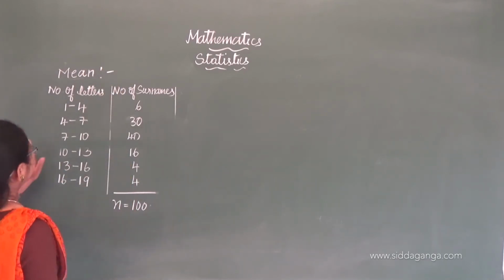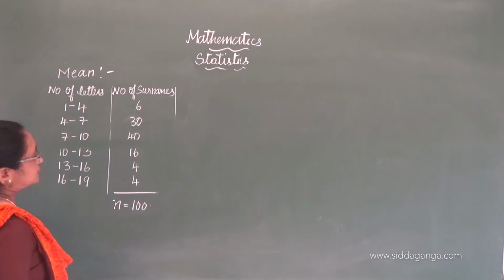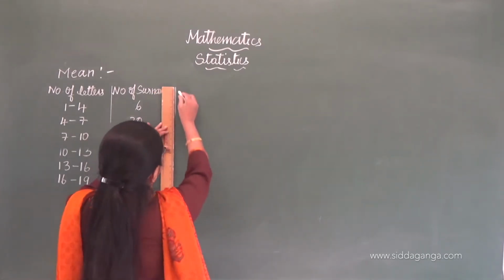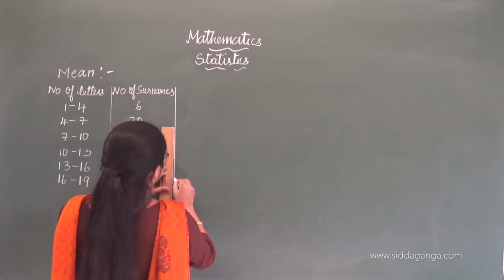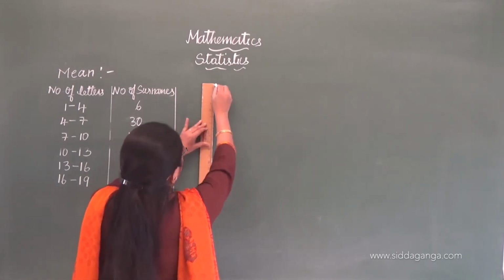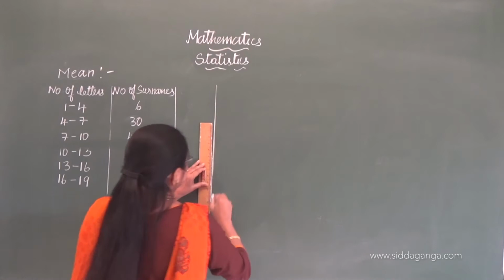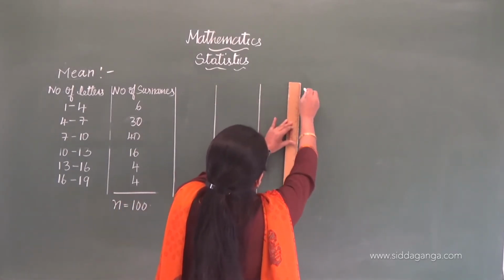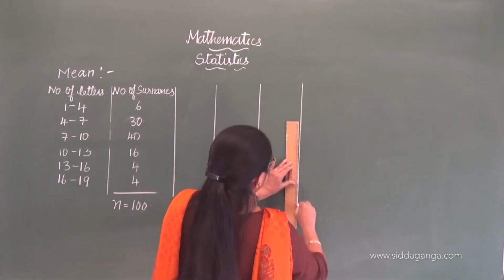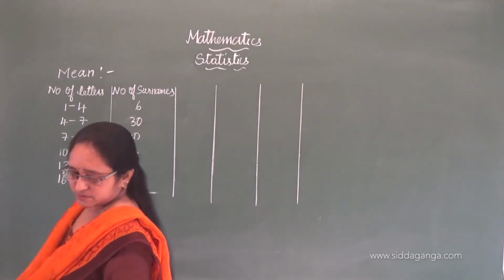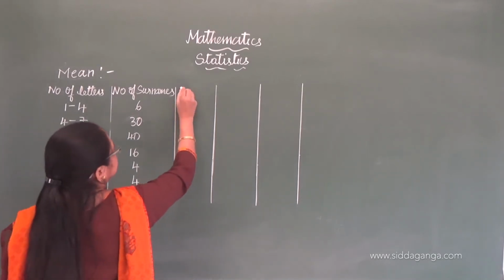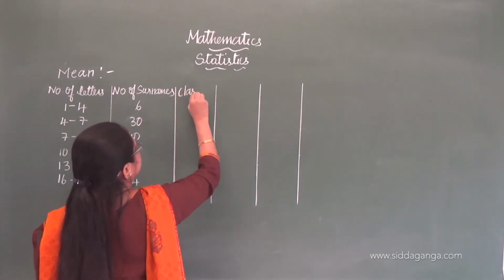Now, what is the next step? Next column, I hope you can recall: class mark, isn't it?